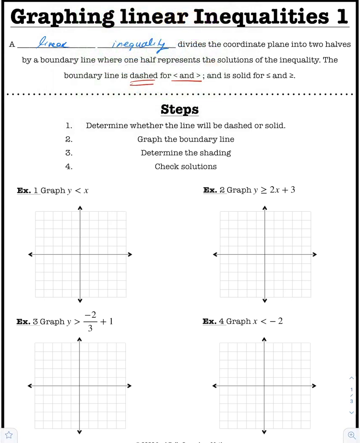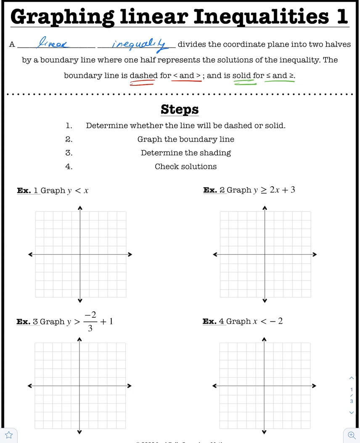Or the boundary line can be solid, and it is for less than or equal to or greater than or equal to symbols. So we have some steps here for what we're going to take in order to graph. And I'm just going to get right into the example so that you can get an idea.